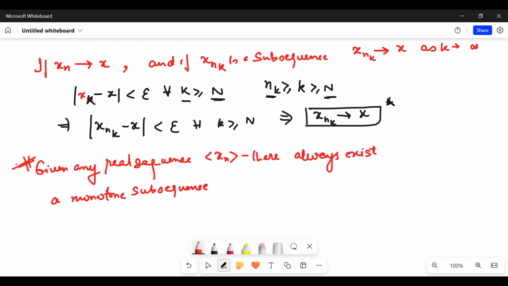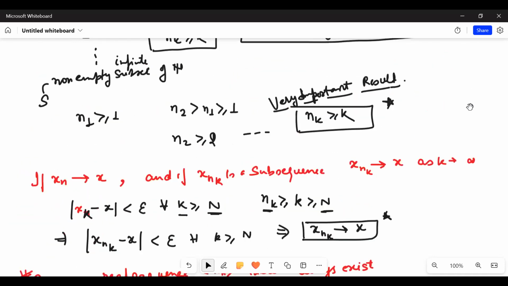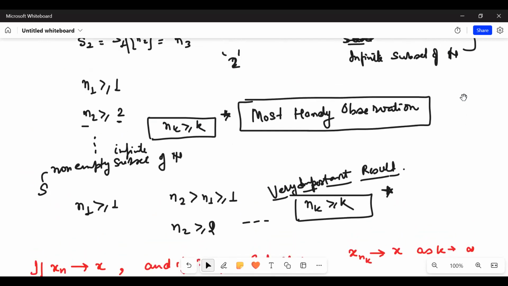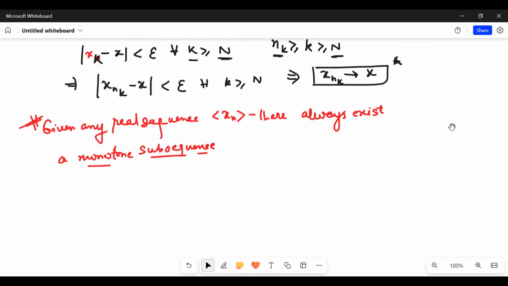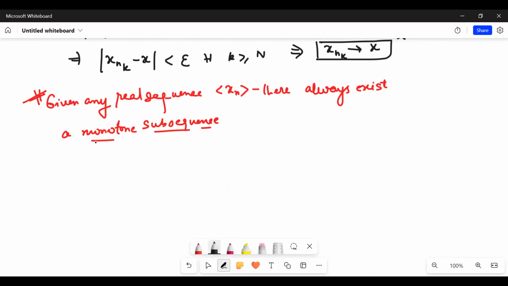I'm not going to derive it right now. All these results we are going to derive in a special series that I'm going to start, that would be real analysis and proof writing. Right now I'm teaching you real analysis through a problem solving approach. So given any real sequence xn, it always contains a monotone subsequence.